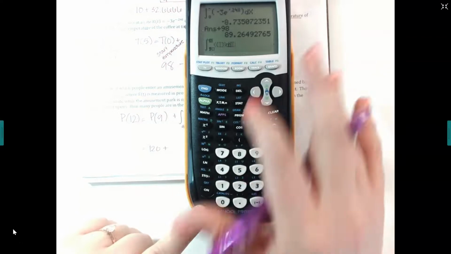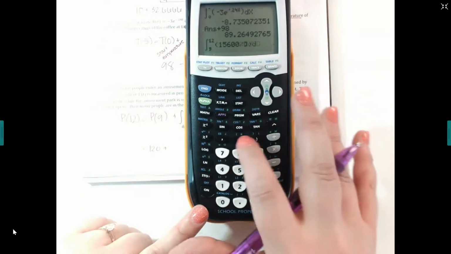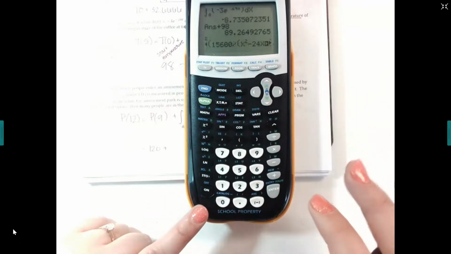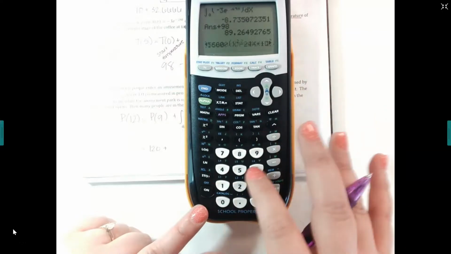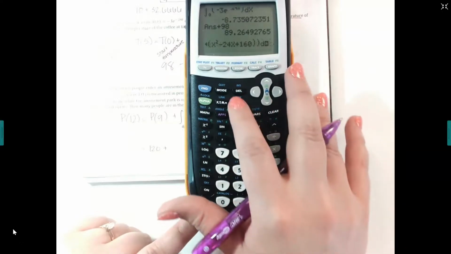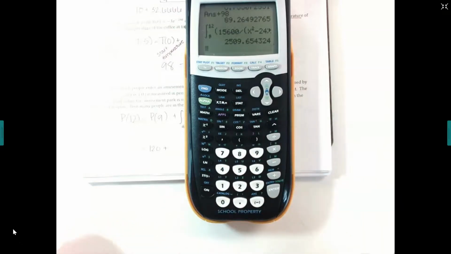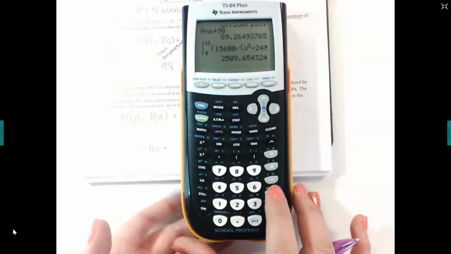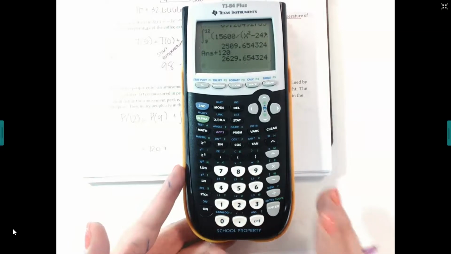So it's 9 to 12, 15,600 divided by x squared minus 24x plus 160 dx. Did y'all get 2509? So 2,509 people plus the 120 already in there is a total of 2629.